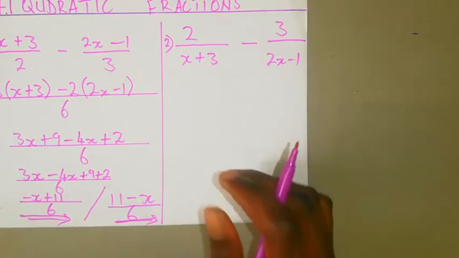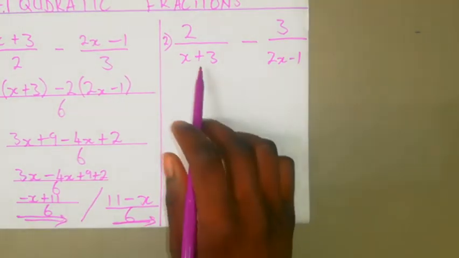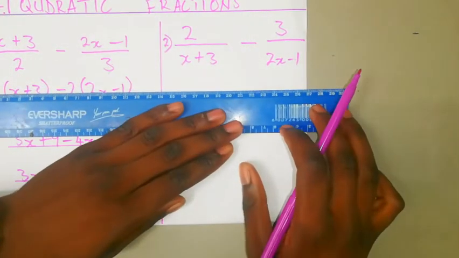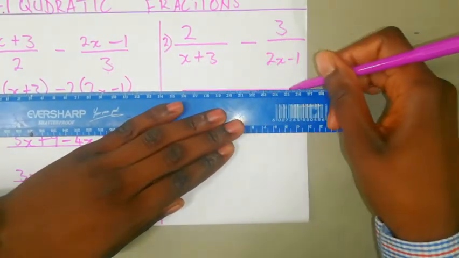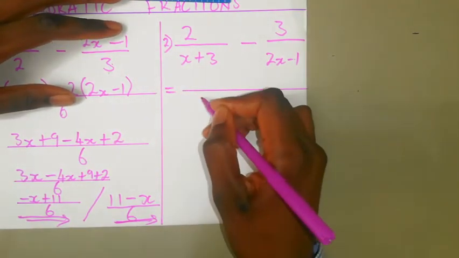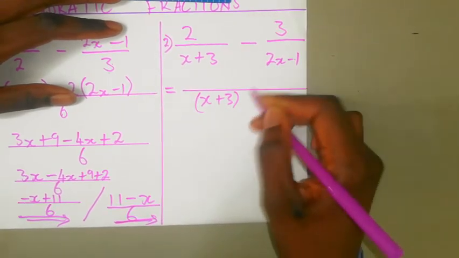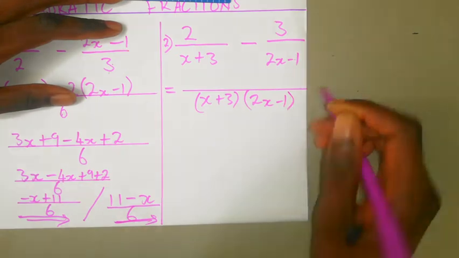In this case, for our lowest common multiple, we are going to take these denominators. Both of them are going to be in brackets as your denominators. So it equals x plus 3 bracket, another bracket, 2x minus 1.